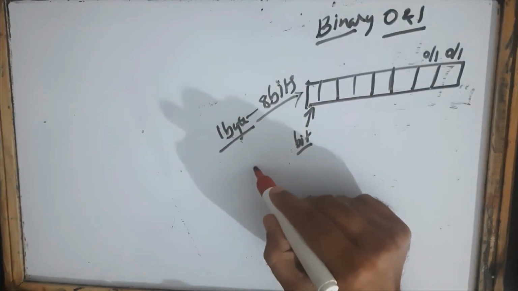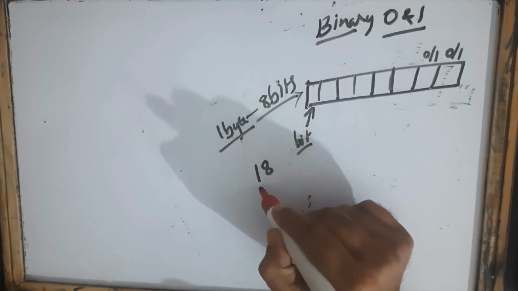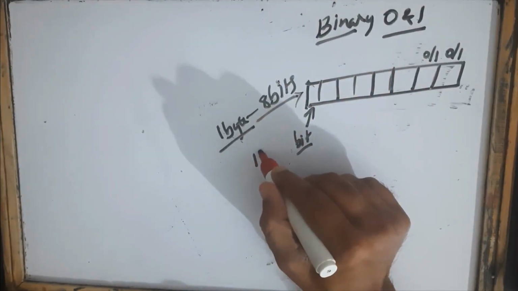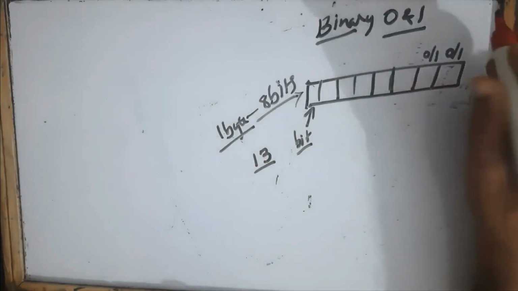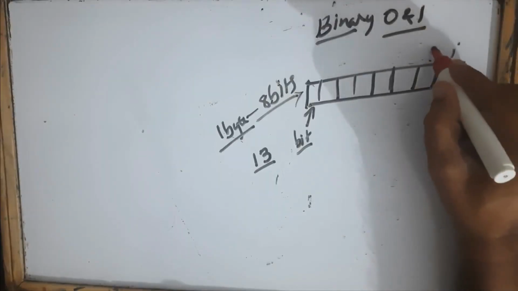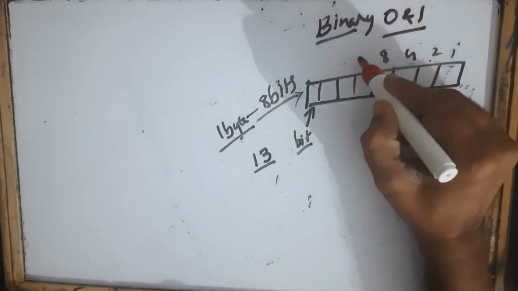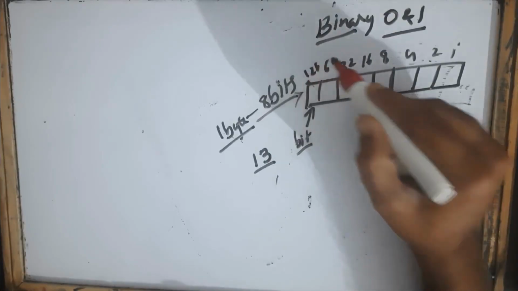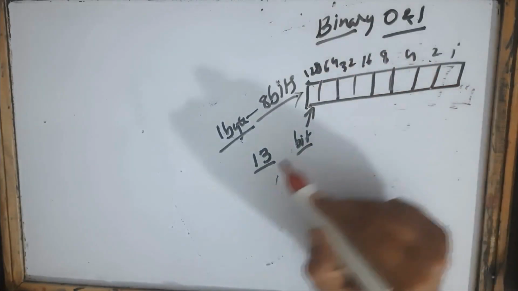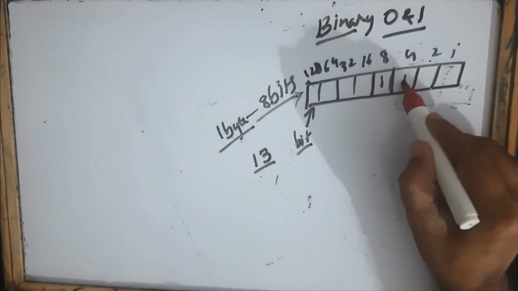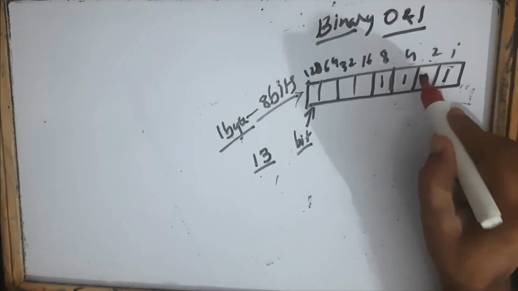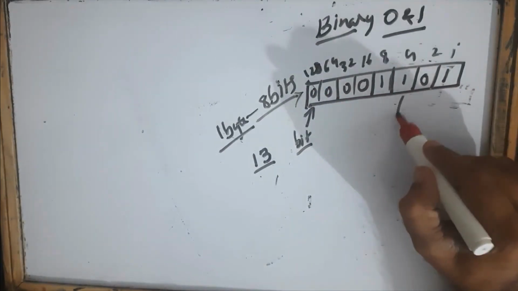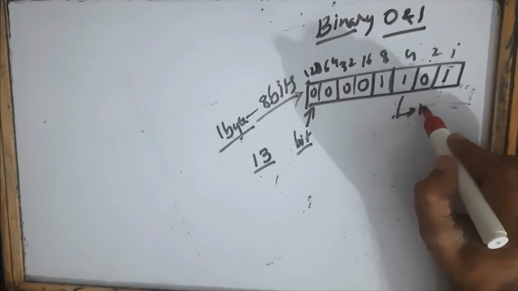Now I want to convert, let's take 13 as an example. Here 1, 2, 4, 8, 16, 32, 64, 128. So 13 means 8 plus 4 is 12, 12 plus 1 is 13.